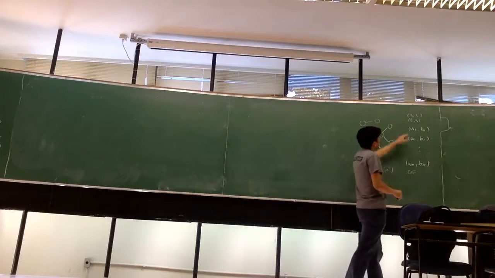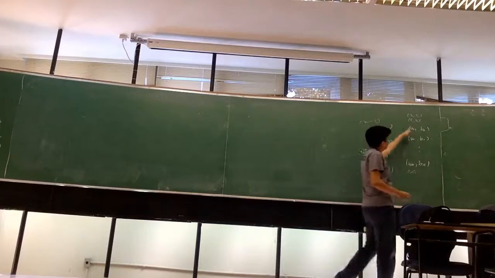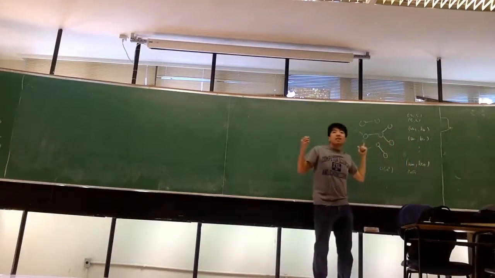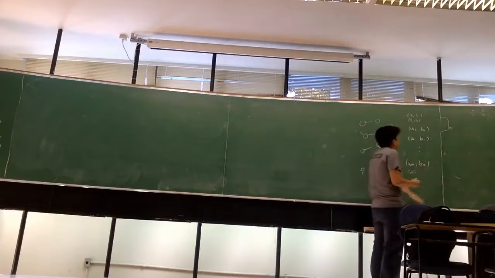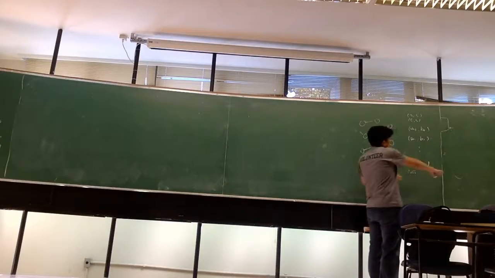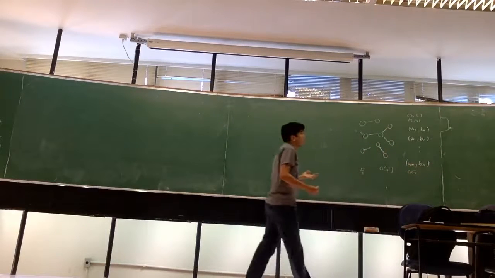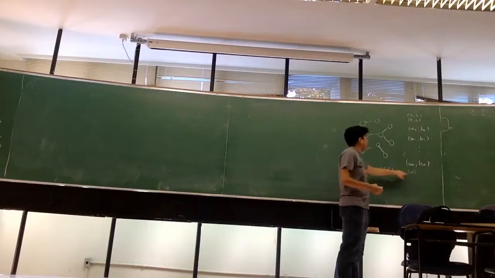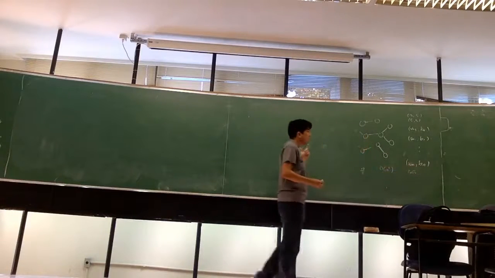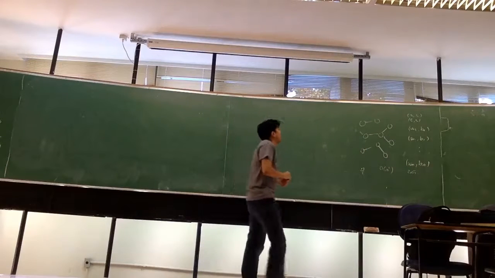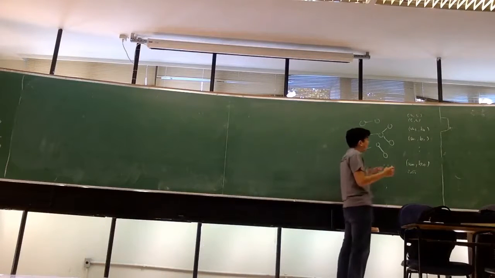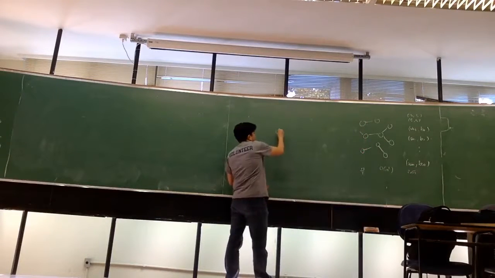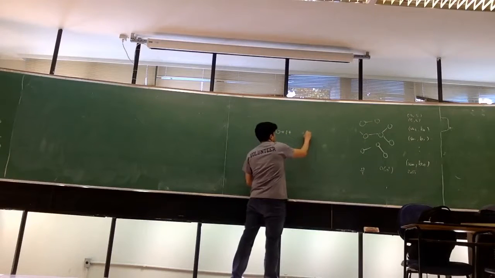So this means that for each component, the difference between the number of black nodes and white nodes is at most the number of nodes in this component, right? So if I sum all these differences, the sum of these values cannot exceed n. And what happens if I assume that there are over 2 square root of n different values? Well, the minimum sum we can get using 2 square root of n different values is 0 plus 1 plus up to 2 square root of n.